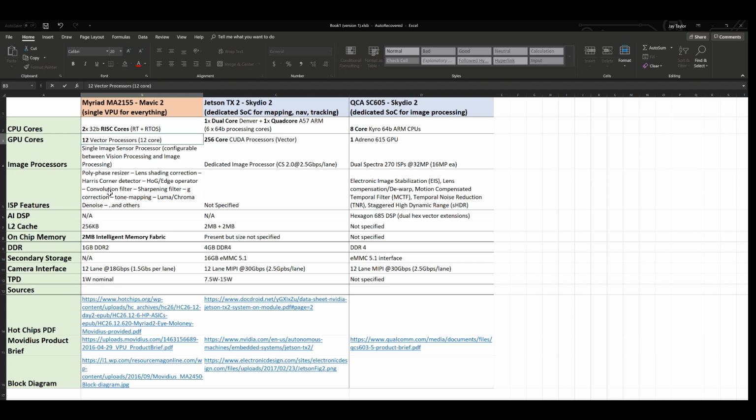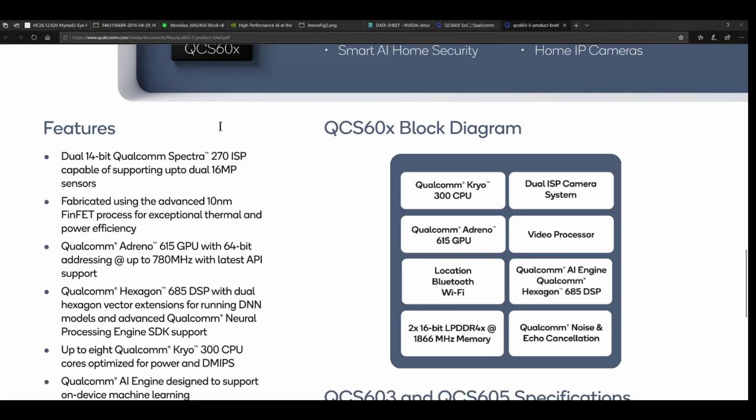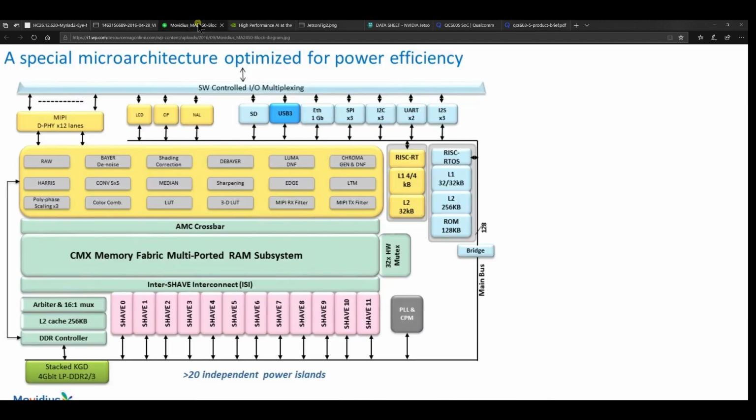It's got 256 kilobytes of L2 cache. And this is one of the things that's really cool about this thing: it's got 2 megabytes of intelligent memory fabric. In the block diagram, it shows you this memory fabric, and let me just switch over to that real quick so you can see what I'm talking about. That is this piece right here. You can see it's got this intelligent memory fabric right here, and basically that acts like an L2 cache for the image processor.